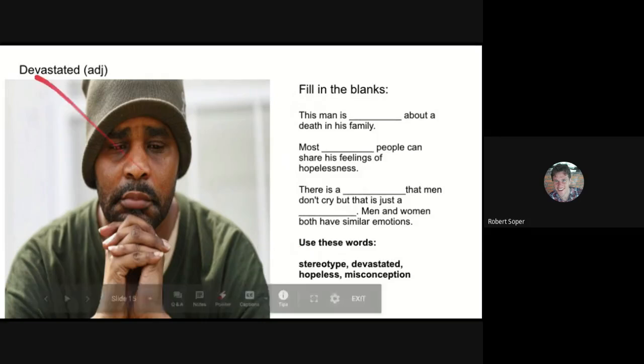Well, we've talked about what devastated means. Devastated is when you're extremely sad or shocked about something. What does hopeless mean? Hopeless is when you're without hope.